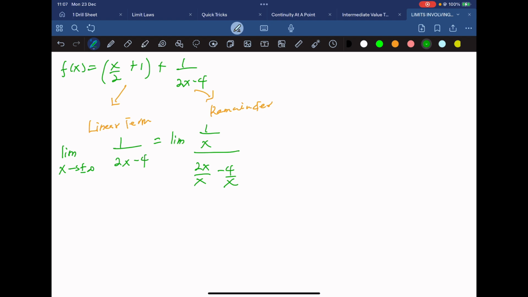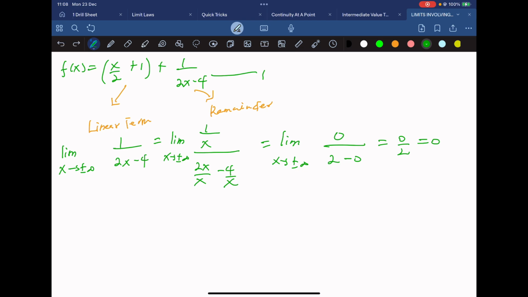If we take the limit as x approaches plus or minus infinity, we have the numerator is 0, the denominator 2x over x, that is 2, and this is 0. So we just have 0 over 2, which is 0. So it means that this term right here goes to 0.